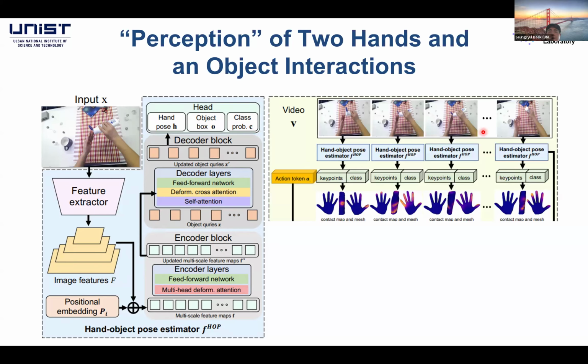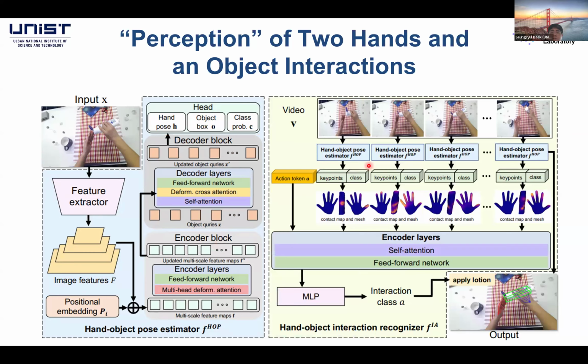And also we combine the results estimated from multiple frames. So this is the video, and this is one frame. For each frame, we apply DETR to estimate the pose of the hand and object. Then, combining that information temporally, we use another transformer to estimate their interaction classes.